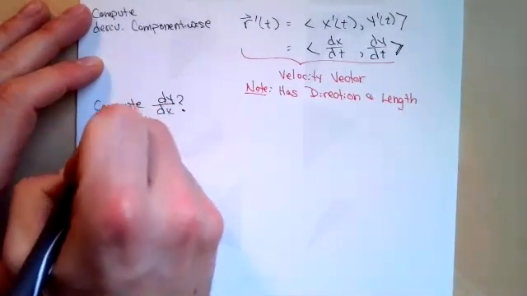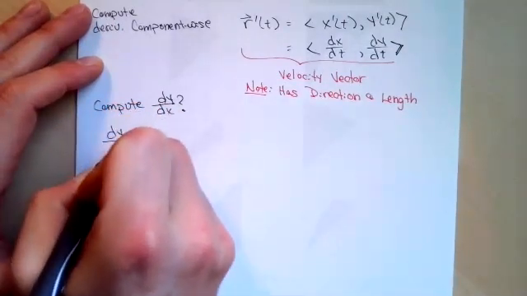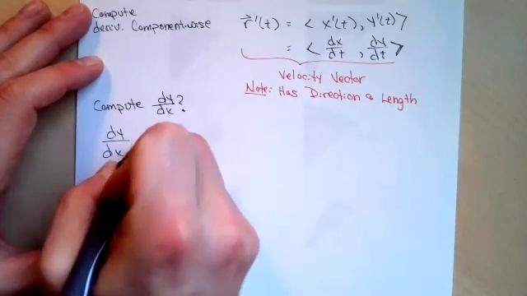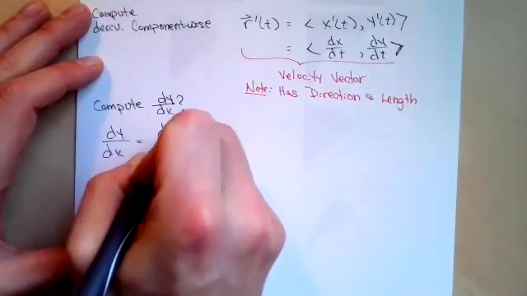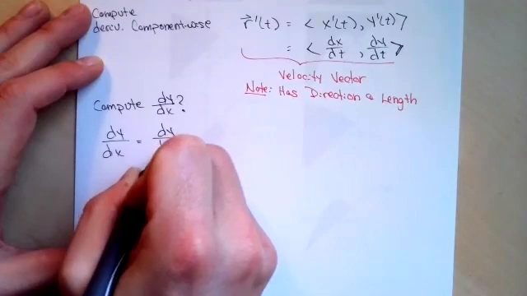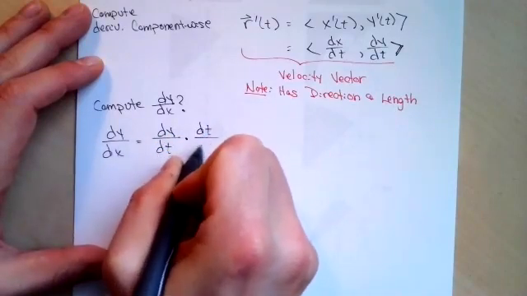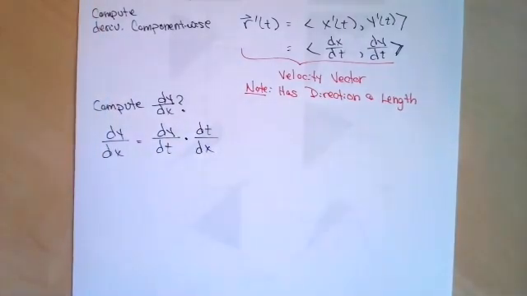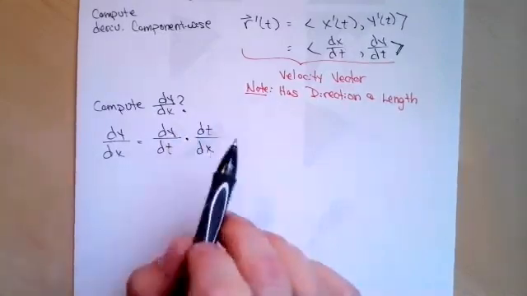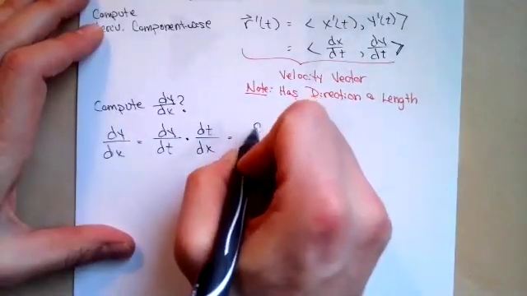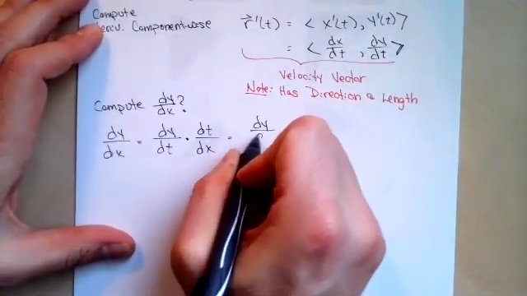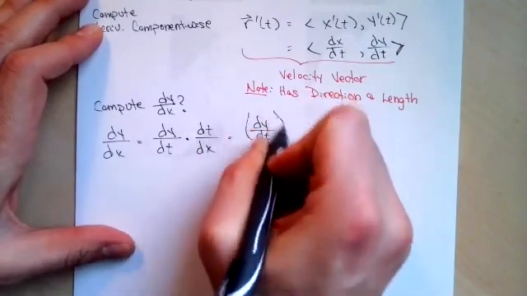So one thing to note, you can derive this in two different ways. dy dx is going to be dy dt times dt dx. And then we could take the reciprocal of this. Some people may not be terribly comfortable with that.